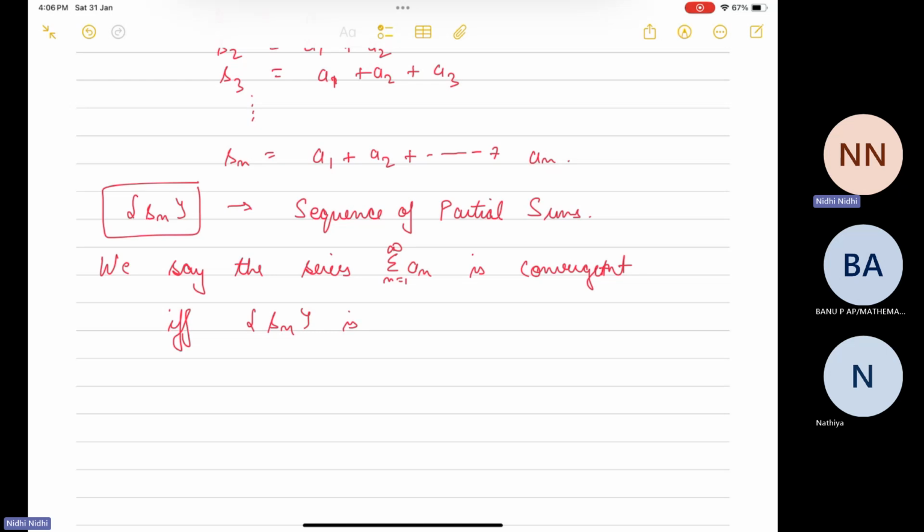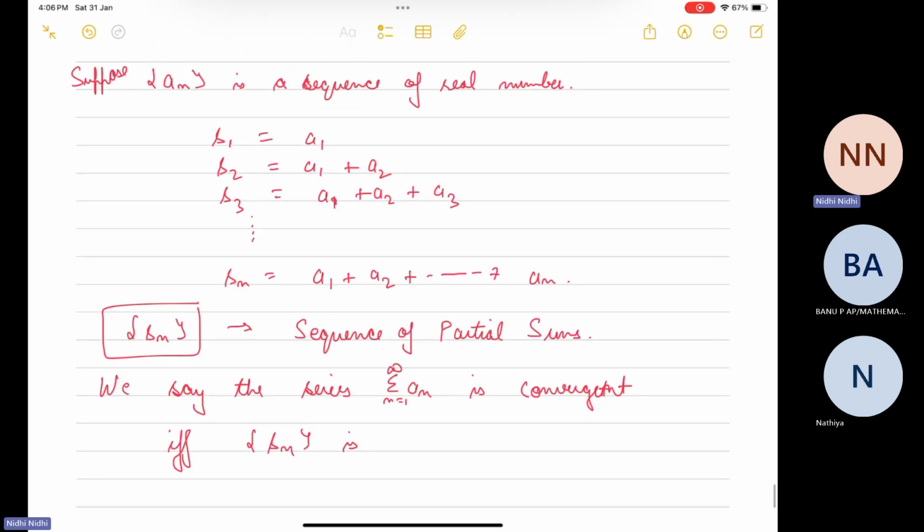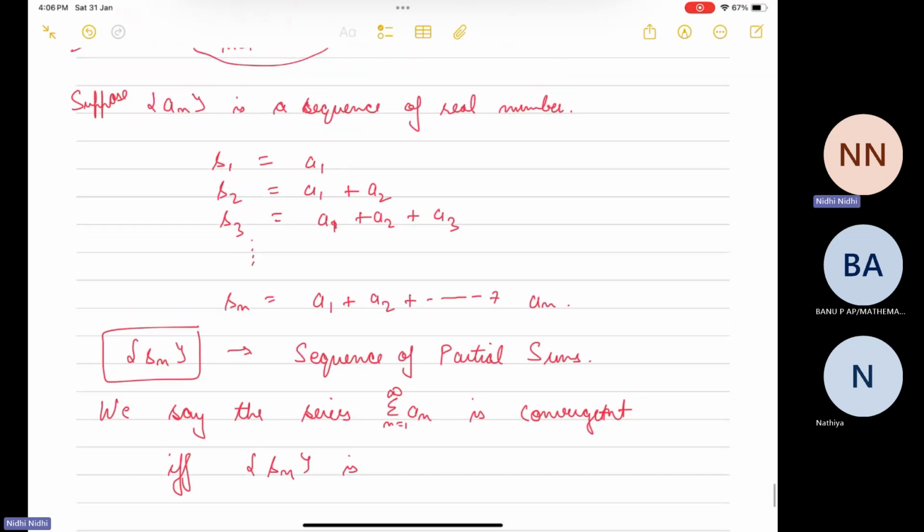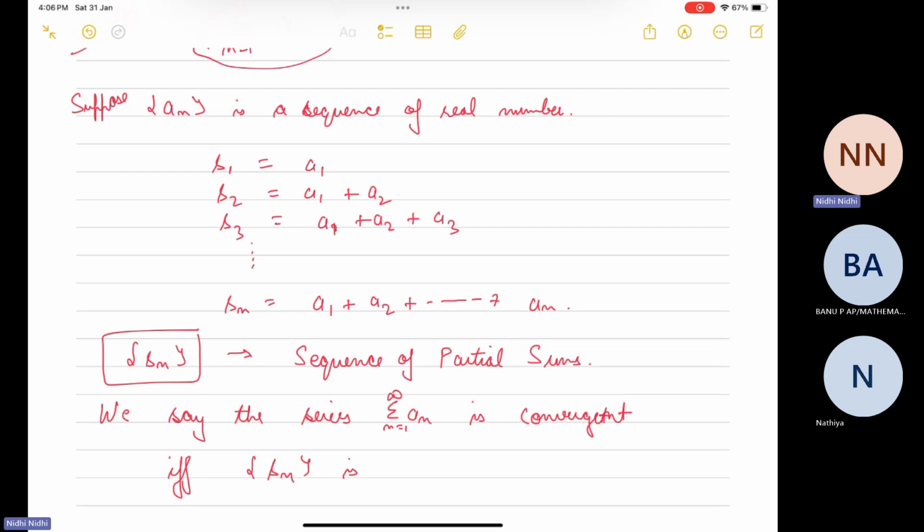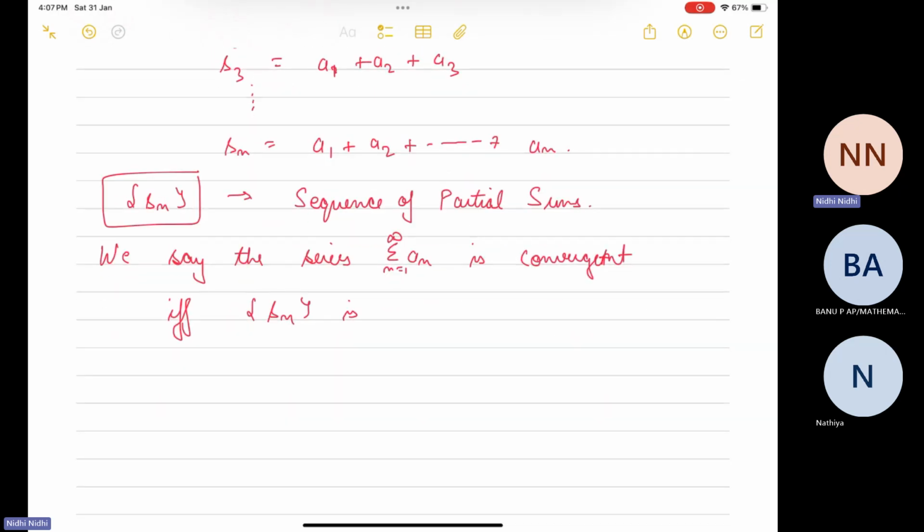A series is again a sequence. Convergence and divergence of a series depends on the convergence and divergence of a sequence. The only thing is that this sequence is of a special kind. It is basically the sequence of partial sums, constructed using another sequence a_n, and the series converges if and only if S_n is convergent.